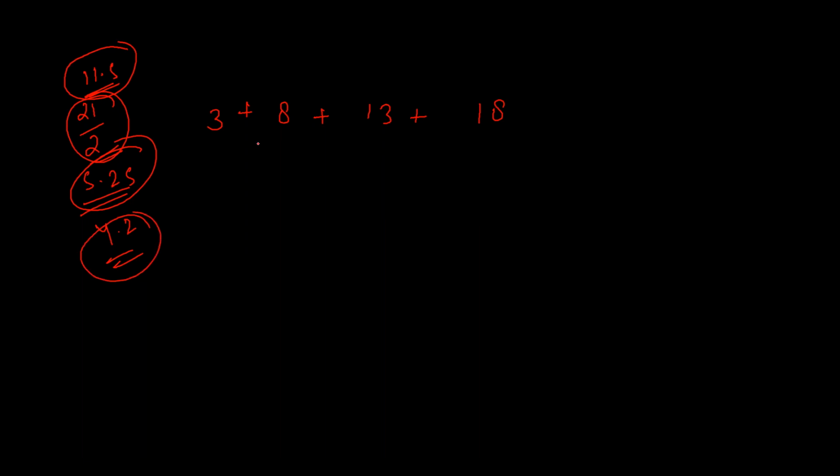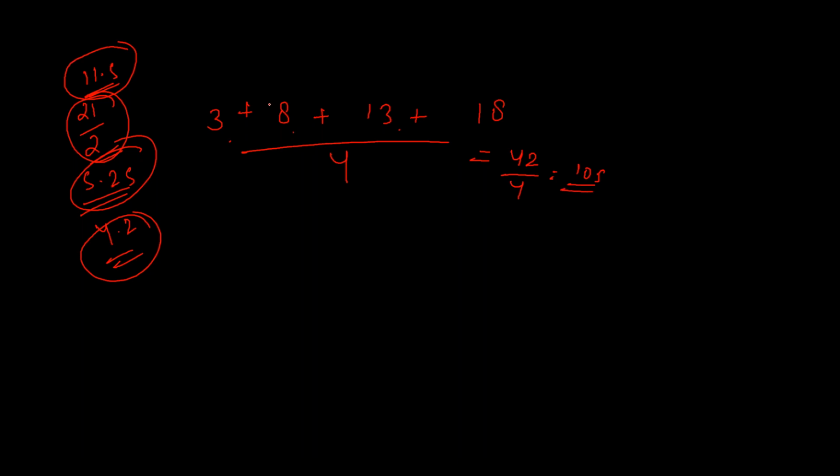Can't we do it like 3 plus 8 plus 13 plus 18 divided by 4? Isn't it that easy? 11 plus 13, it is 24, plus 18, 42 divided by 4, it is 10.5.